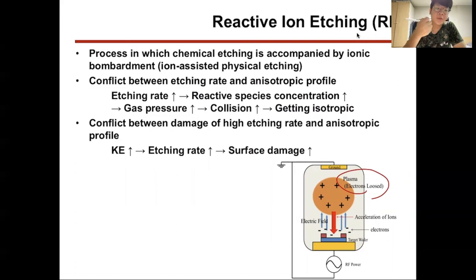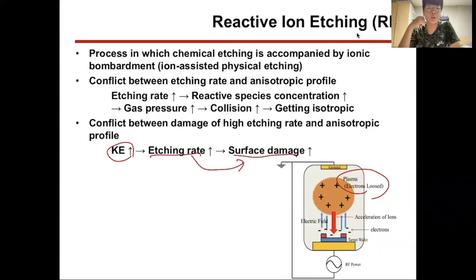Before that, there is a problem with using only ion bombardment: for ion milling, if we want a higher etch rate, we have to increase the kinetic energies. Then the etch rate will go up. However, it causes surface damage, like on the silicon surface.